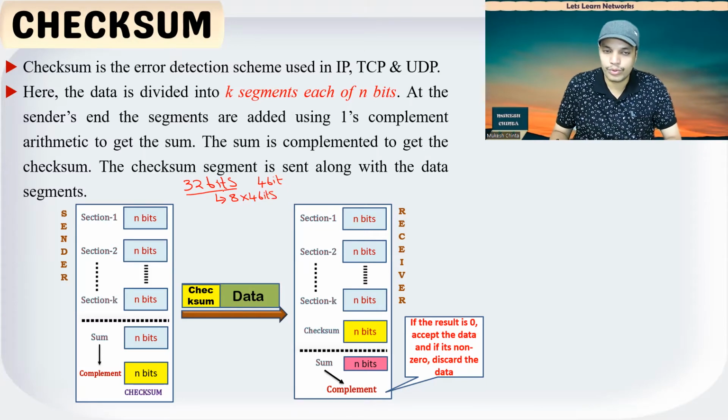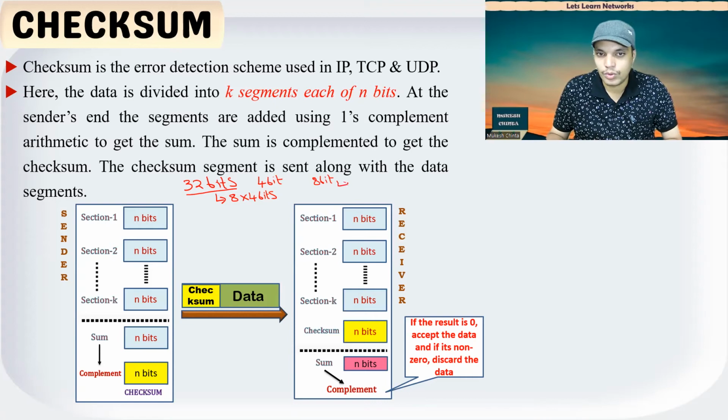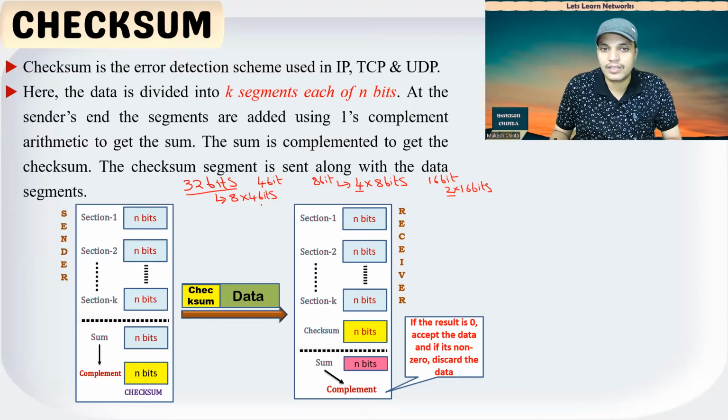If I use an 8-bit checksum, the same 32 bits are divided into 4 blocks, each consisting of 8 bits. If I use a 16-bit checksum, the data is divided into 2 blocks, each consisting of 16 bits. So K is the number of blocks that your message is divided into, and N is the number of bits in each block.